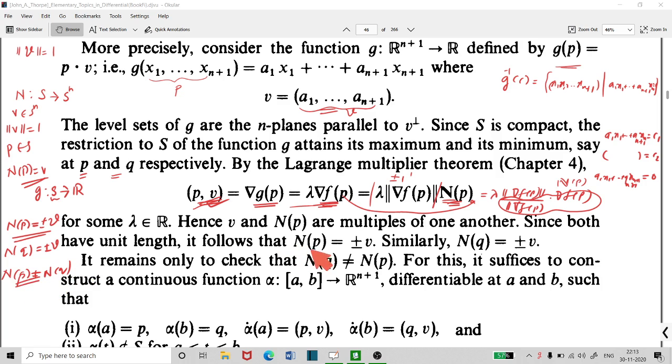That is the remaining part. Now to prove this, we construct a map with some properties, and consequently we prove that n of q can never be equal to n of p.